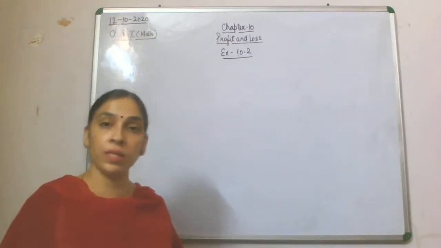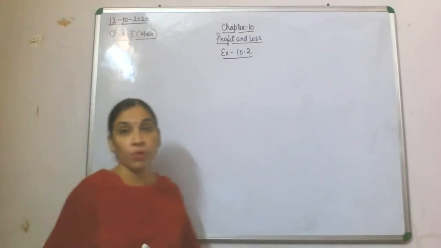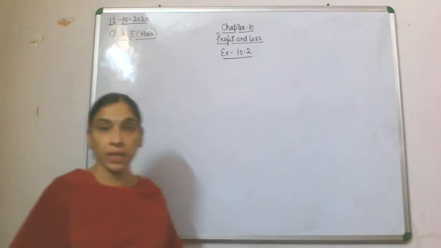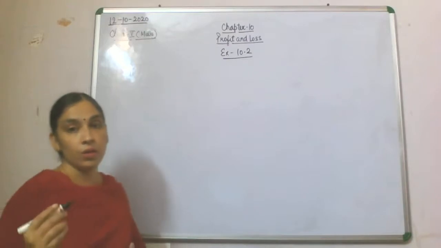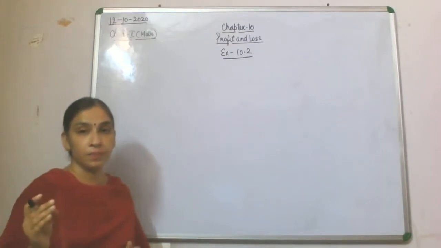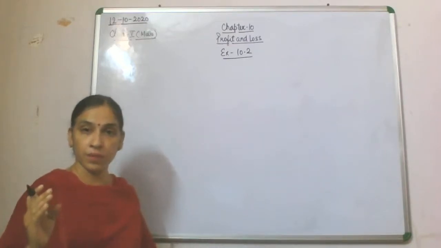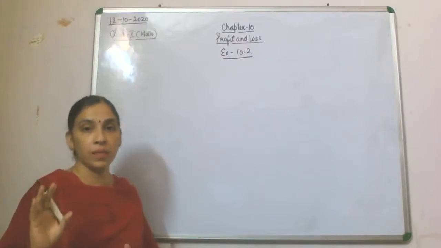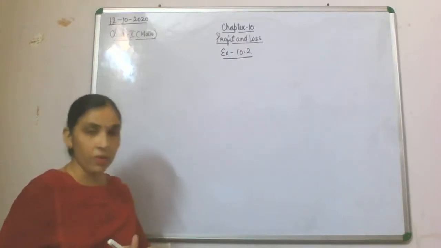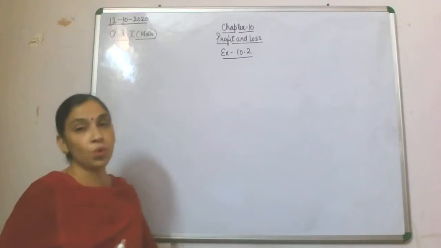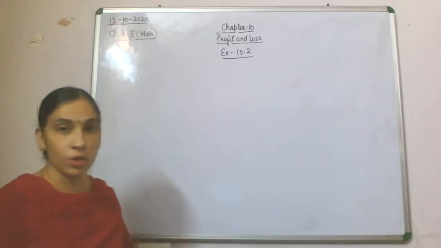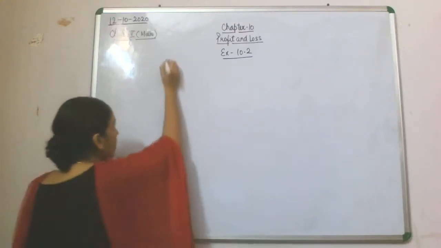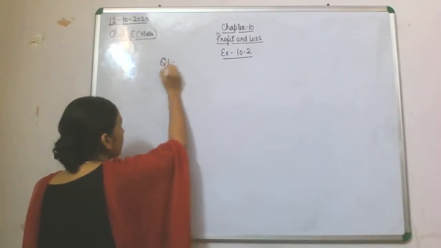So you must be knowing that whether you are getting profit or loss, that we have already done. If cost price is lesser than selling price, then you will be getting a profit. If cost price is more, then you will be getting a loss. Simple thing is there that you have to remember.